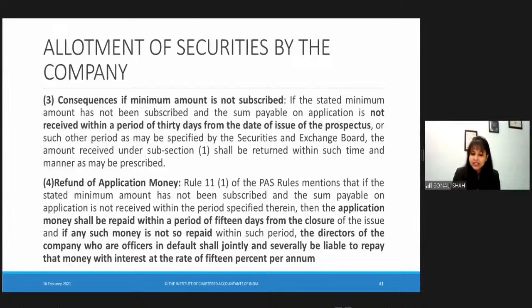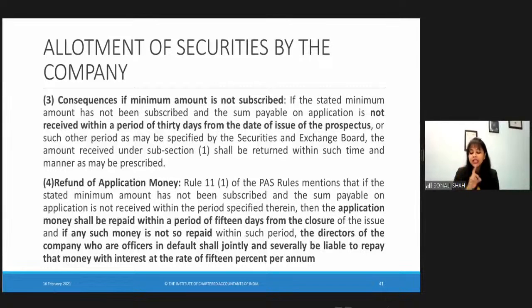So Rule 11 says if the minimum amount has not been received and the sum that is payable on application, the minimum 5% of the nominal value of application, has not been received, then that amount will have to be repaid within a period of 15 days from the closure of the issue.